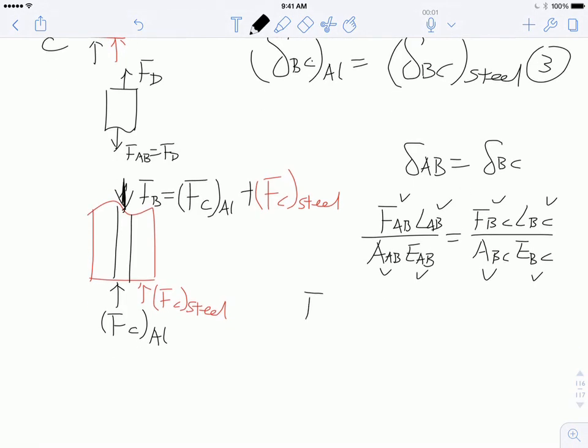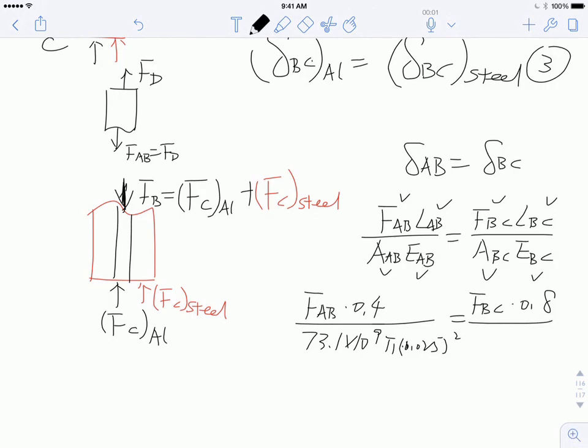F_AB times 0.4 divided by 73.1 gigapascal, and then pi times 0.025 squared, that is equal to F_BC times length divided by A_BC, which is the same Young's modulus times the same cross-sectional area.